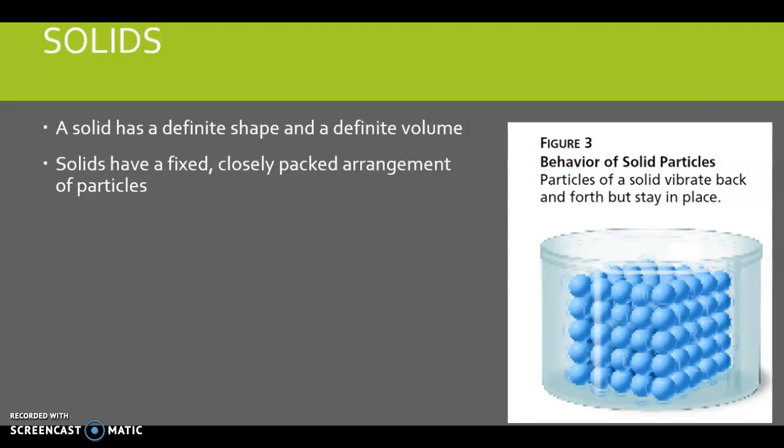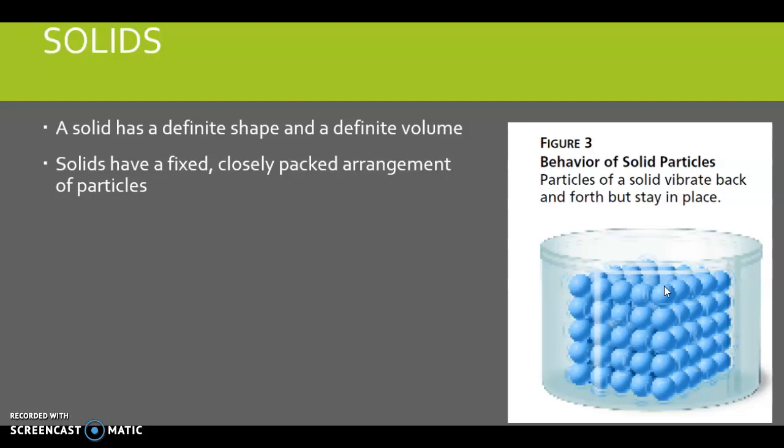The reason for that is they have a fixed, close-packed arrangement of particles. As you can see in this picture, it's probably not super obvious, but there are little marks that show the particles are moving a little bit, and they do. The solid particles actually vibrate back and forth just a little bit, but they stay in place, so they don't come out of place very easily unless something happens, like they're melted.